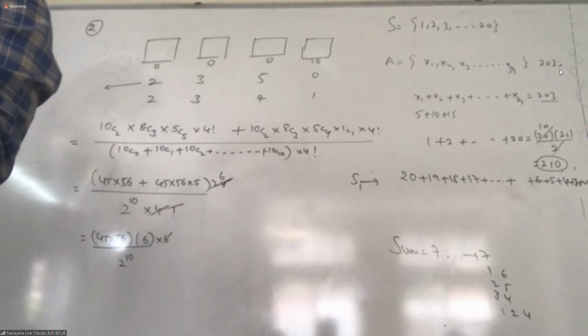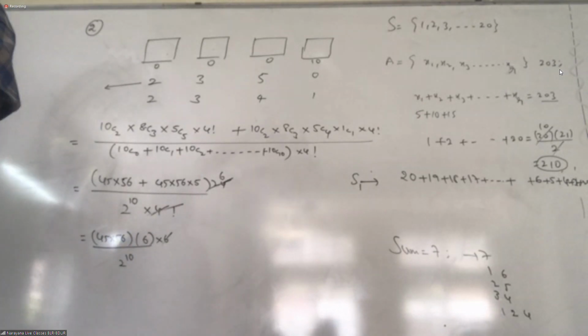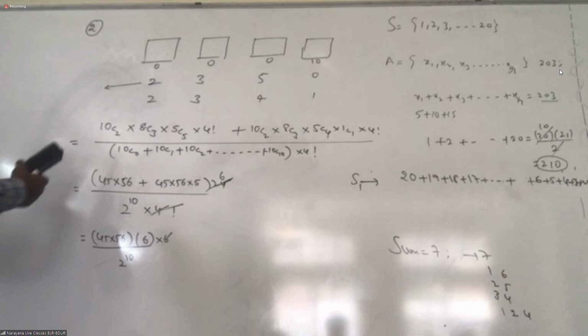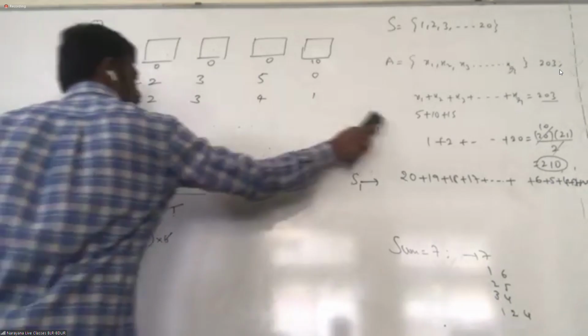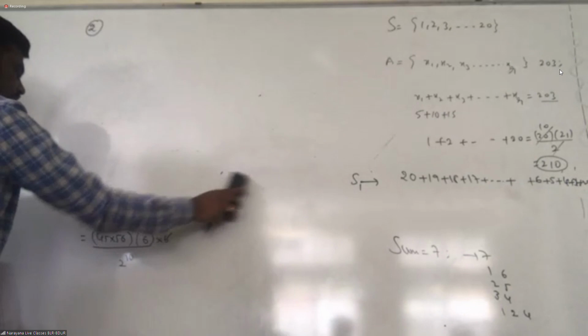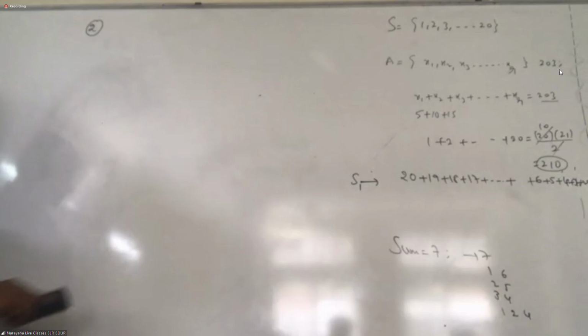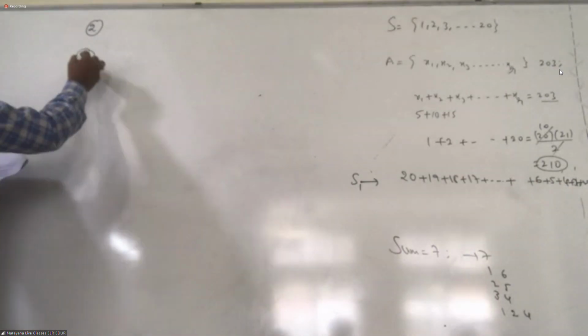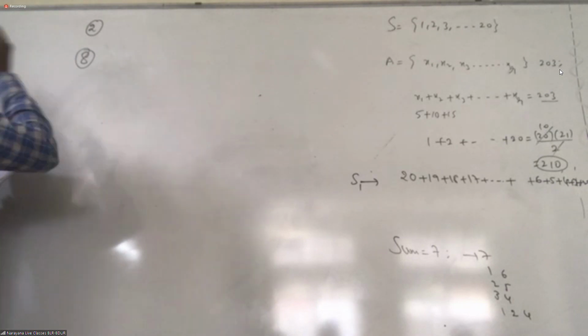Eighth question. How to answer that 8th question? Why, remaining other questions you don't have doubts? 8th question. What is that? X is a number chosen again.